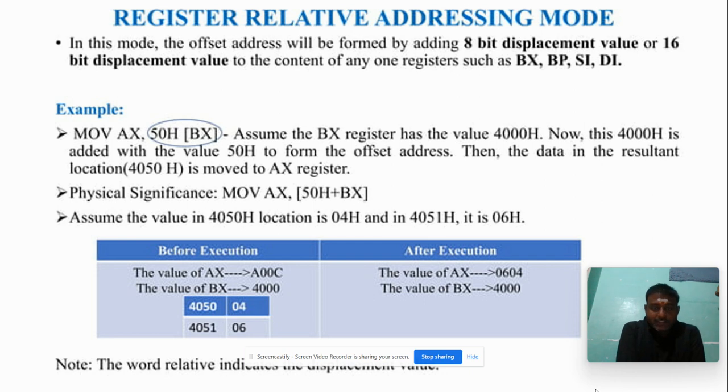In that instruction, the displacement value is 50. 4000 plus 50 is 4050. At memory location 4050 the data is 04, and at 4051 the data is 06. After execution of this instruction, the data from 4050 and 4051 will be moved into AX, that is 0604. Okay, let us understand.